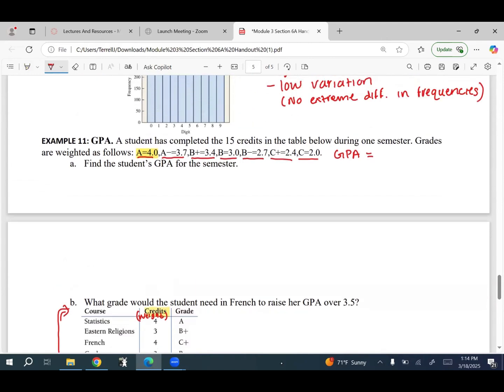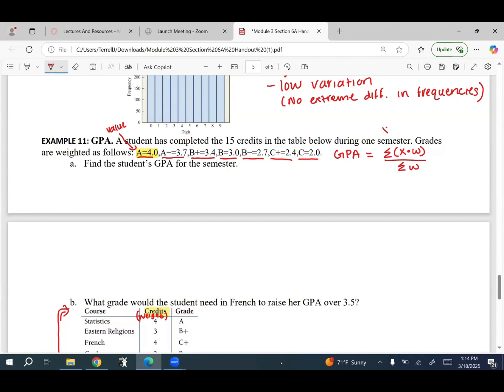These values here are considered just the value, the point even. So to find the GPA, you are summing each value times the weight divided by the sum of the weights.